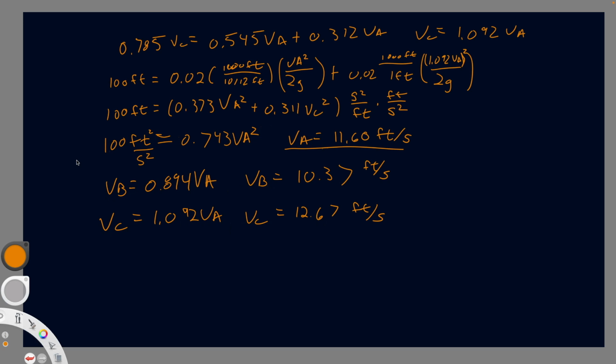Parallel pipe flow problems are obviously somewhat challenging. There are quite a few unknowns and relationships that have to be developed so that they can be solved, but I think they're one of the more interesting types of pipe flow problems. So hopefully you found that interesting and useful.